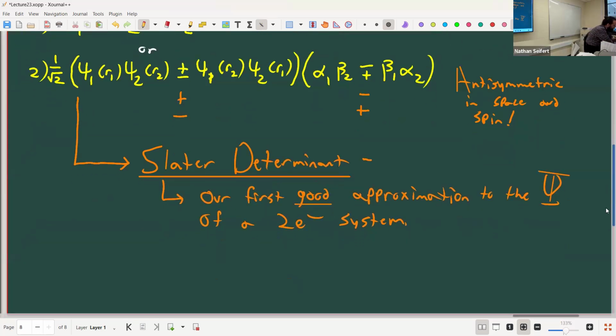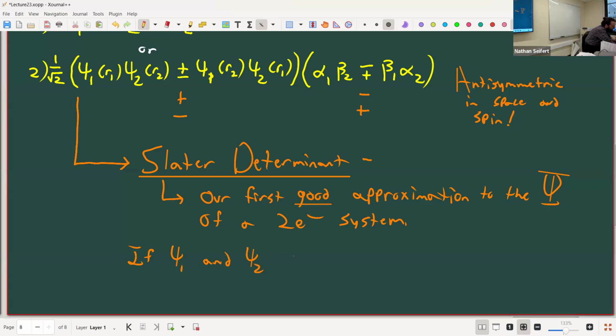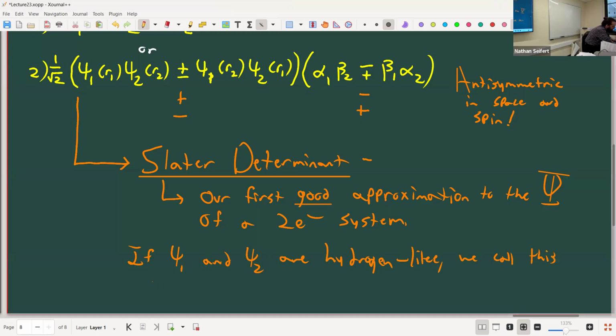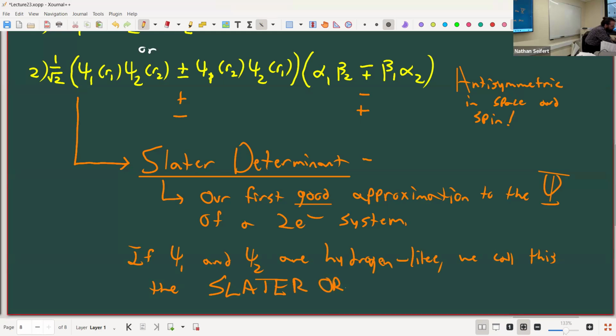Okay, and if psi1 and psi2 are hydrogen-like, we call this the Slater orbital.